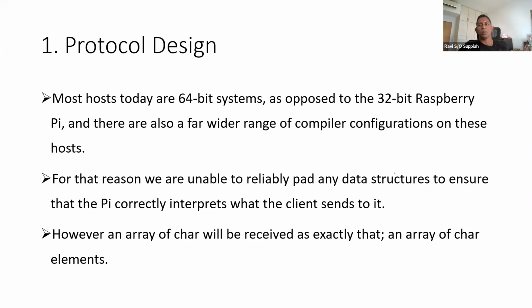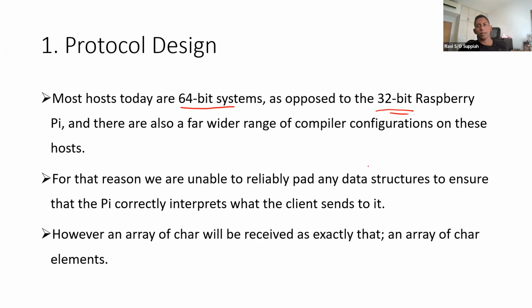As we know, the Raspberry Pi is a 32-bit system. But when we transmit over the network, through a PC or some Windows or Linux-based system, most of them can be 64-bit. At the same time, whatever device platform you use, how it deals with the compiler configuration, all of these are a lot of unknown variables.